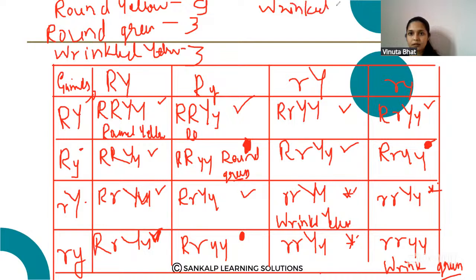Wrinkled green color producing plants, that is 1. The ratio here is 9 is to 3 is to 3 is to 1. So this is the ratio. Okay. So like this you should draw the checkerboard. I'll move to the next question.